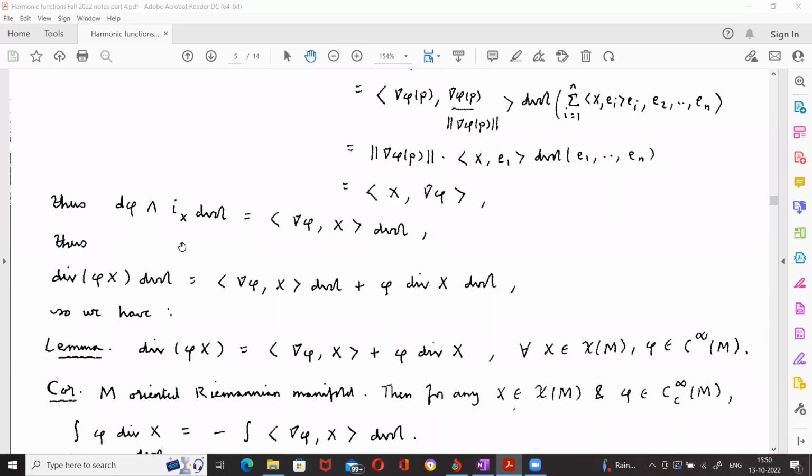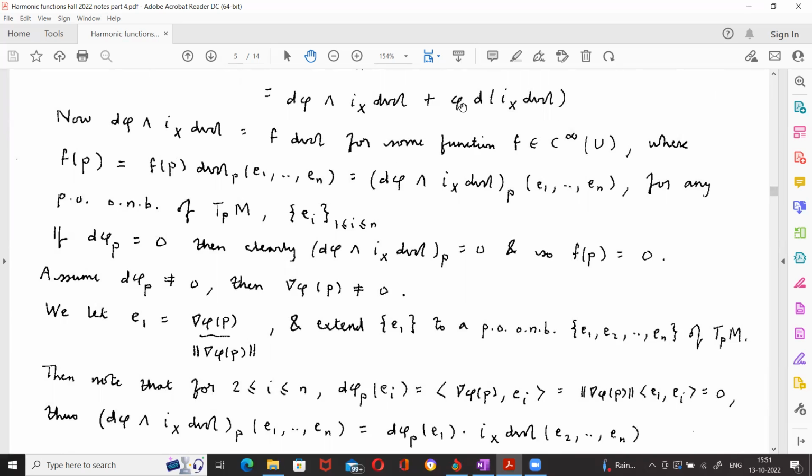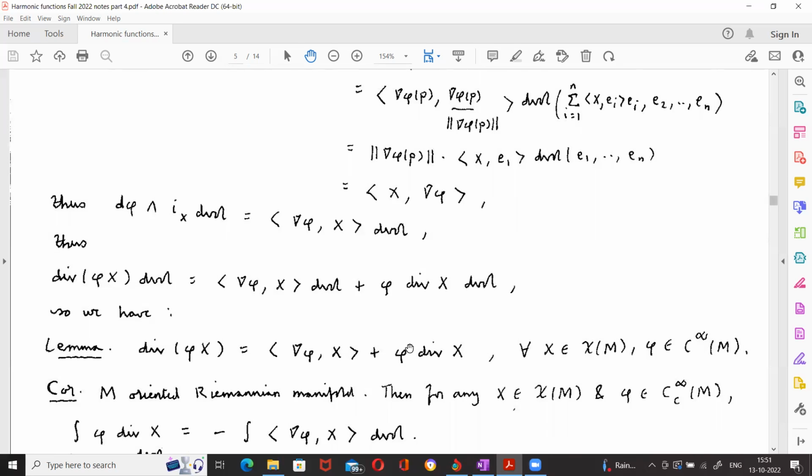And therefore I get that divergence of phi X into dvol is equal to inner product grad phi X dvol plus, what was the second term? The second term was phi times d of Ix dvol. D of Ix dvol, by definition, is div X into dvol, right? So the second term is phi div X dvol.